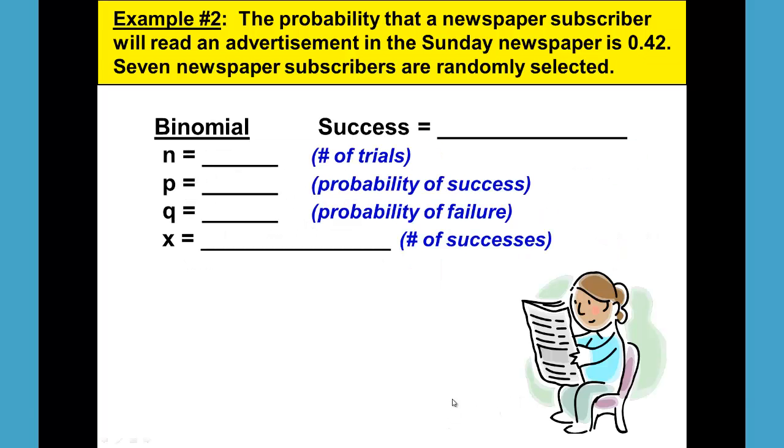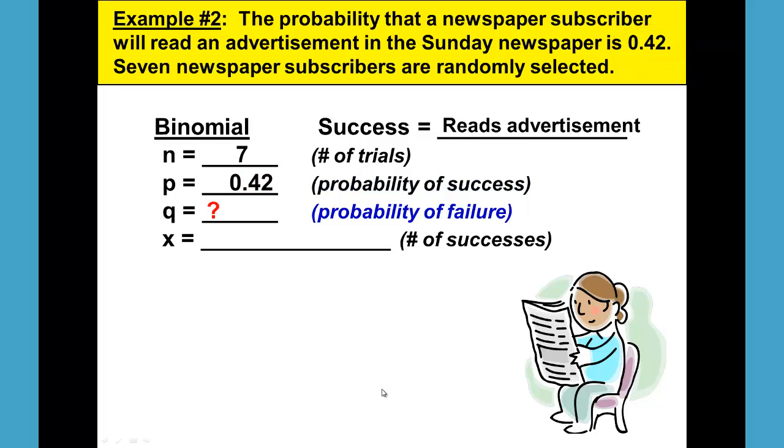At that point, we want to fill in our variables, the number of successes. We want to define our successes as read advertisements. The number of trials would be 7. The probability of success would be 0.42.